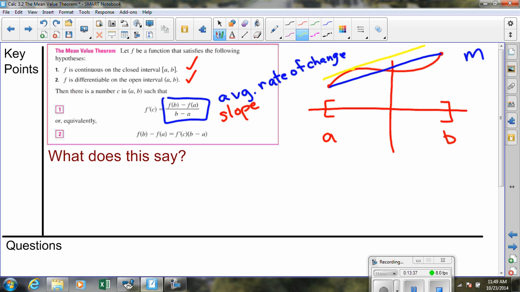Does that make sense? And you'll note, it's possible that there could actually be more than one. The mean value theorem guarantees there's at least one spot where the instantaneous rate of change is equal to the average rate of change. That's why it's called the mean value theorem, because the average rate of change is the mean rate of change.